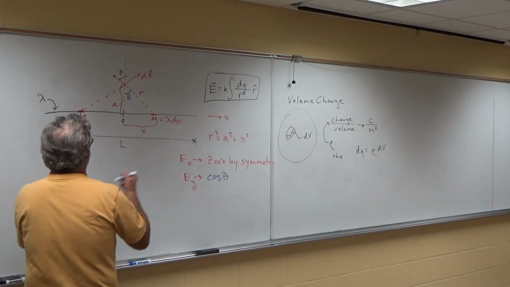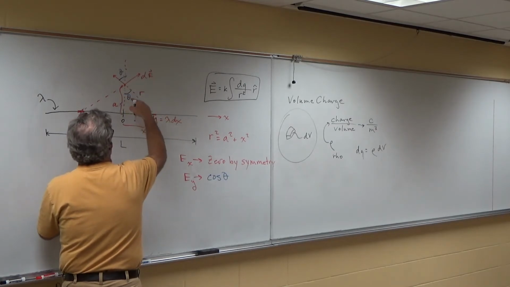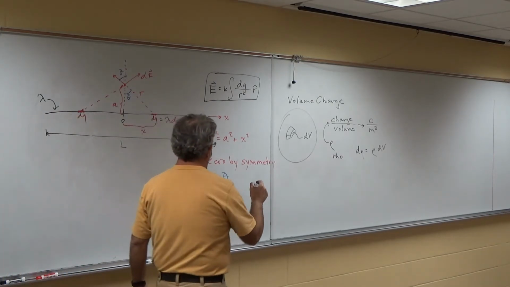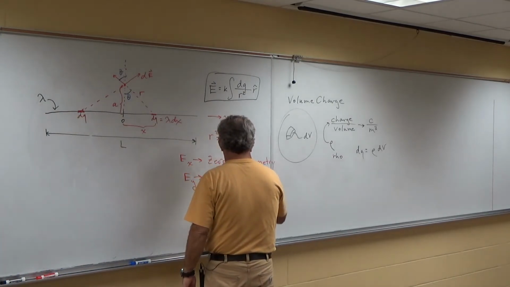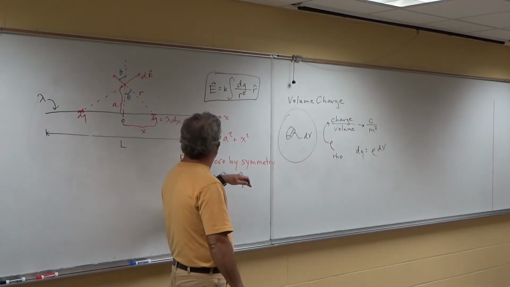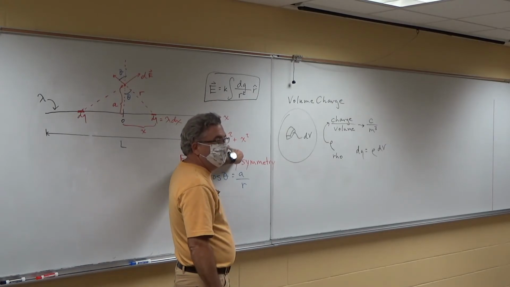Here's the triangle. Here's theta. A over R, right? But R, I'm not integrating over R, but I have an expression for R squared.